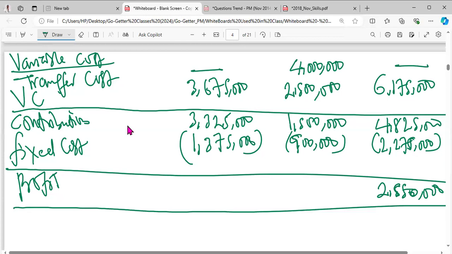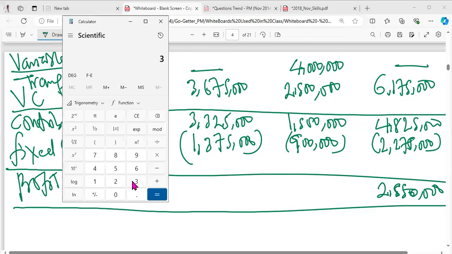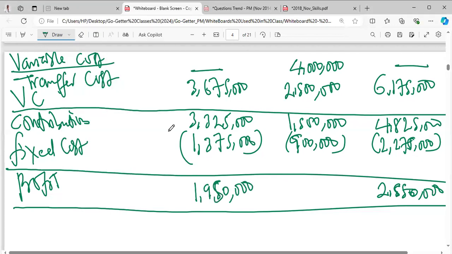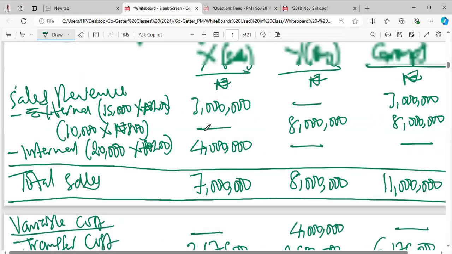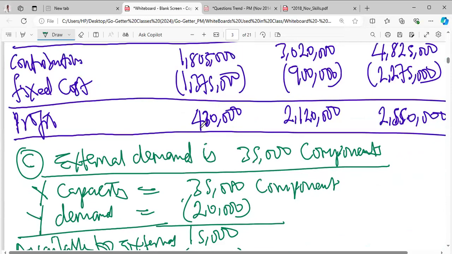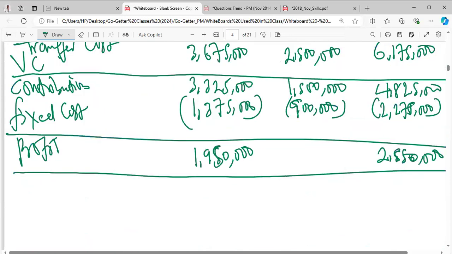We have 3,325,000 minus 1,375,000. Improvement 1,950,000. This is an improvement from what it had before of 430, and more improvement from 50,000. This one will now reduce drastically.